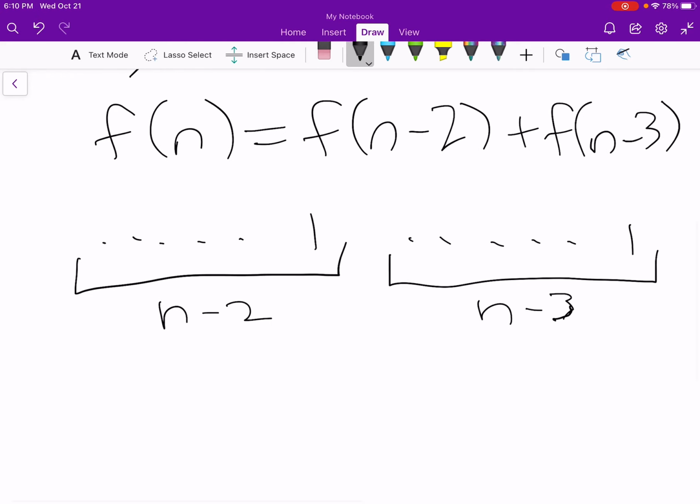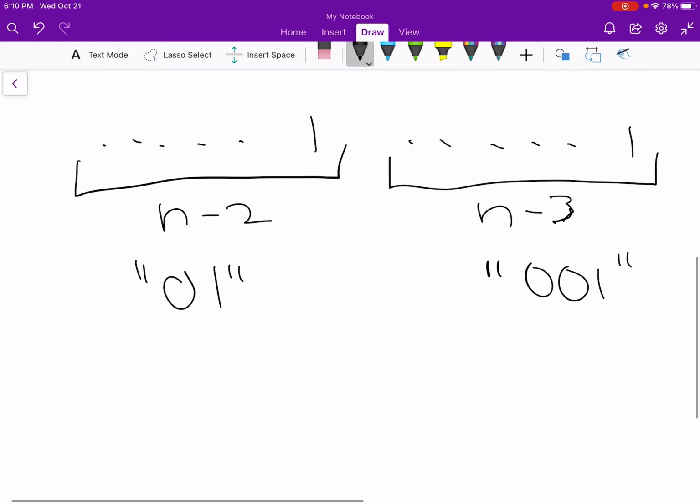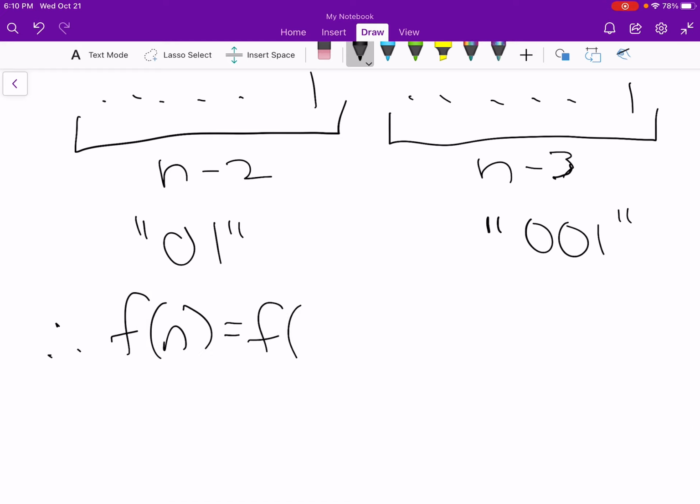We can append 0, 1 to the first string and 0, 0, 1 to the second string to get a valid string of length n ending in 1. Of course, there are f(n-2) and f(n-3) ways to choose these two strings. So therefore, f(n) = f(n-2) + f(n-3).